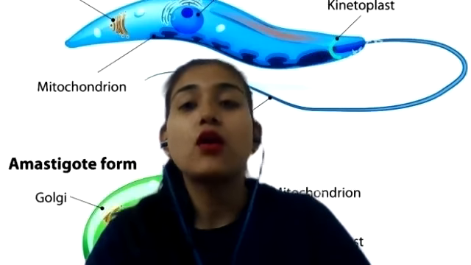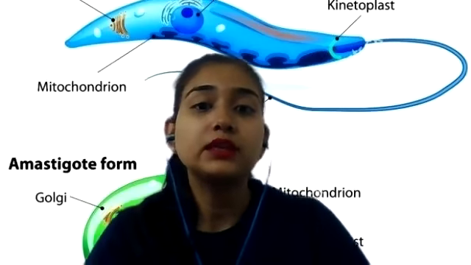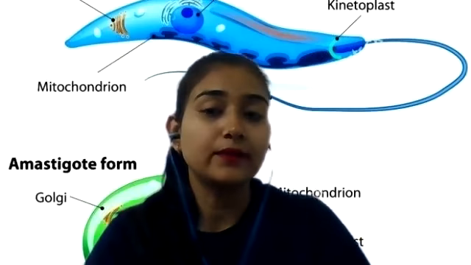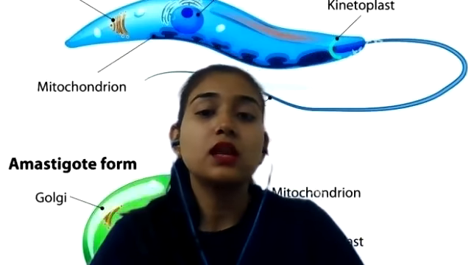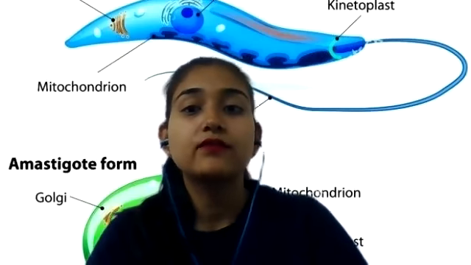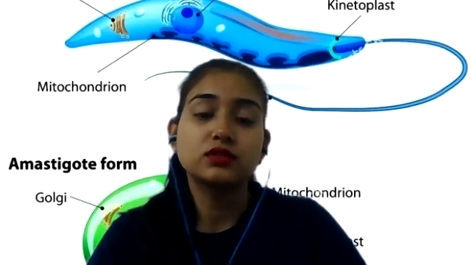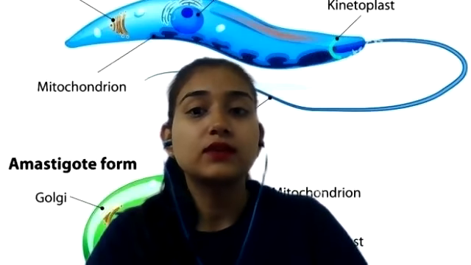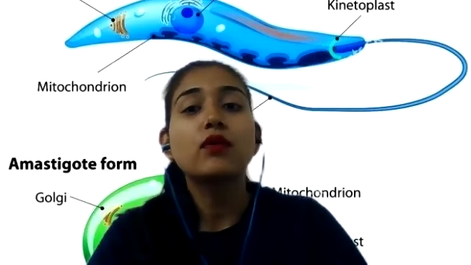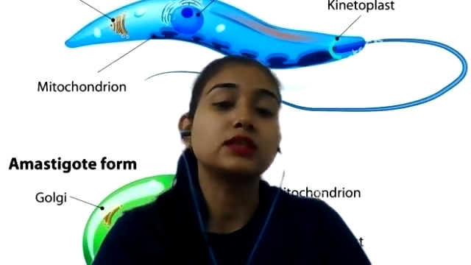This type occurs within the midgut of the invertebrate host or sandfly. This type is elongated, slender, and spindle shaped with a centrally placed nucleus, blepharoplast, and kinetoplast. This form possesses a free flagellum.